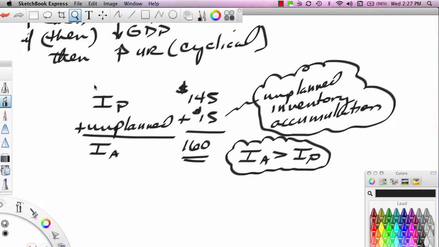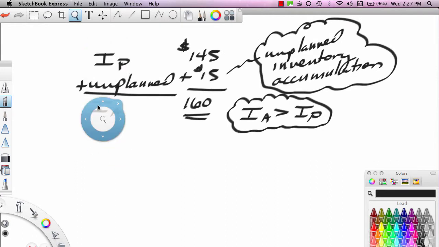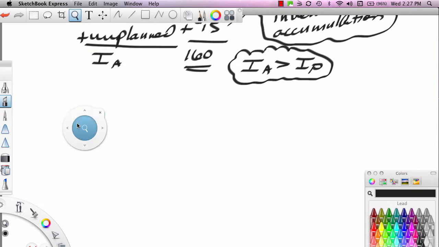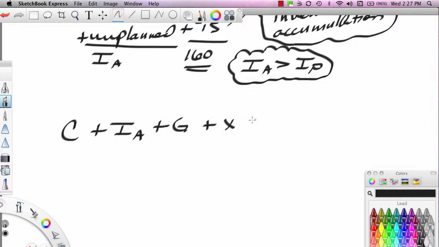One final point. Let's close the loop here. We said in an earlier lesson that if you take C plus IA plus G plus X minus M, you must get, by definition, GDP.